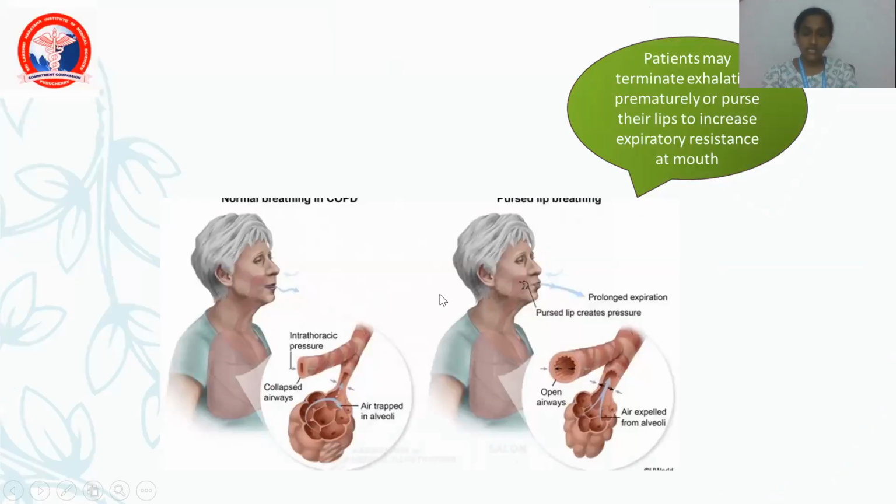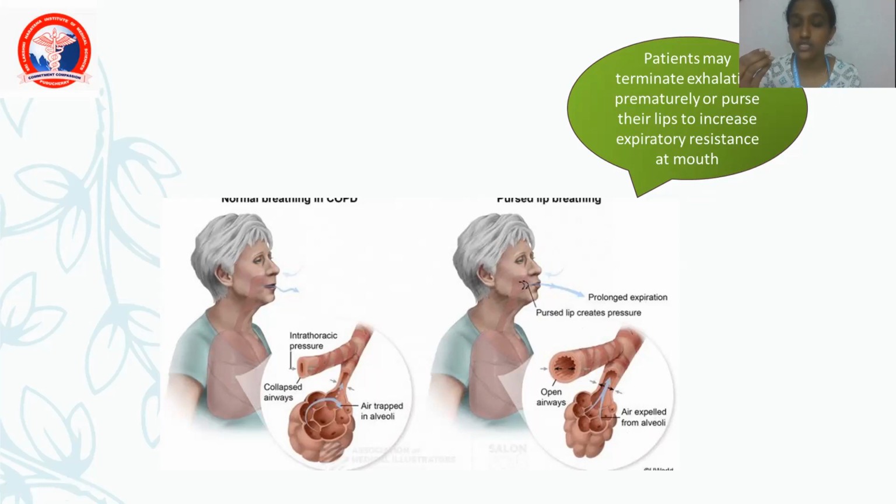So this is a mechanism by which COPD patients adapt to overcome the resistance. They use pursed lip breathing. They prolong the expiration by pouting their mouth to increase their expiratory resistance at the level of the mouth. Whenever they do pursed lip breathing, their expiration is prolonged, so there won't be any air trapping.